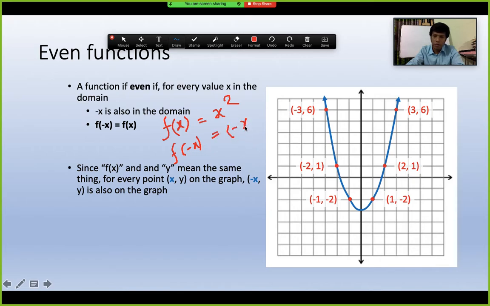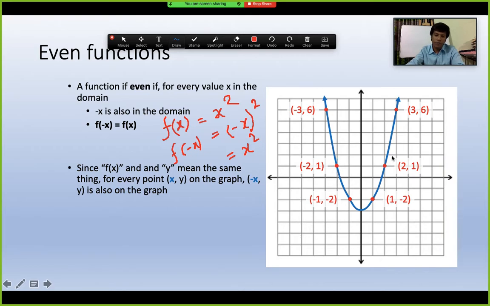Minus x whole squared, which equals x squared again. So basically we get our same function back. It doesn't matter if you replace x by minus x, you still get the same thing. Any function like this is an even function.